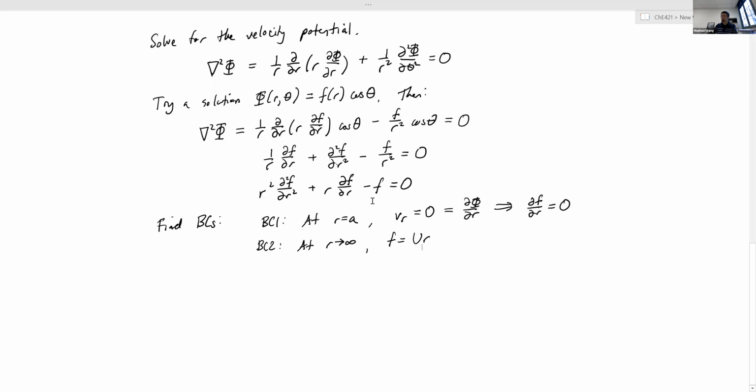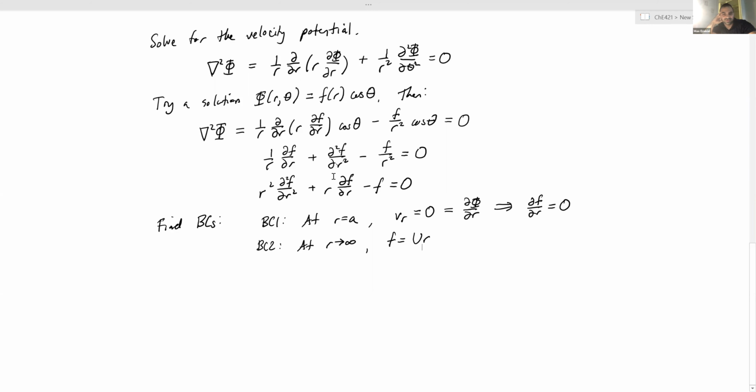All right. Now we have a second order differential equation and two boundary conditions. Does anyone know how to solve a differential equation that looks kind of like this? It's an equidimensional differential equation, so you can just use the change of variables with some variable equaling e to the r. An equidimensional, I don't actually know what that means because I'm really bad at math. It simplifies out to d squared f d squared phi minus f, where phi equals e to the r.